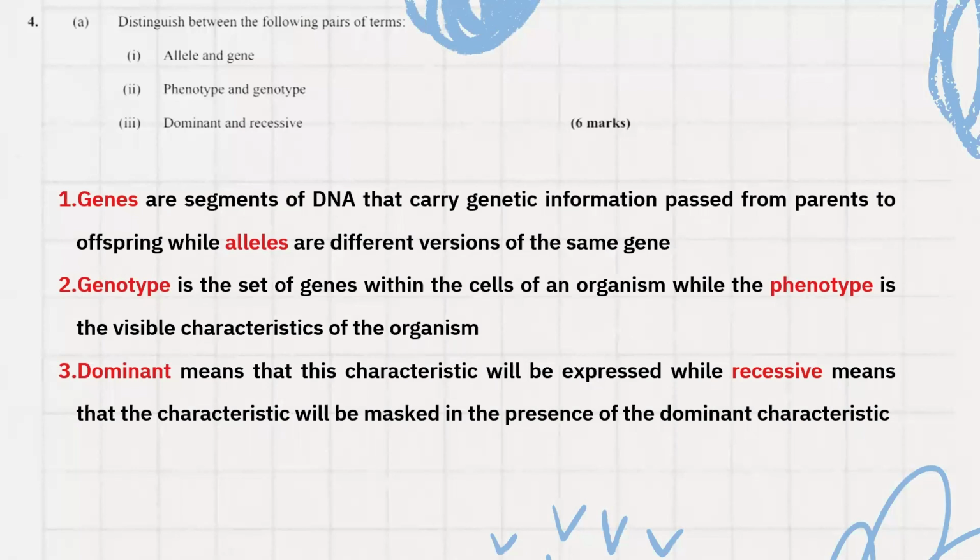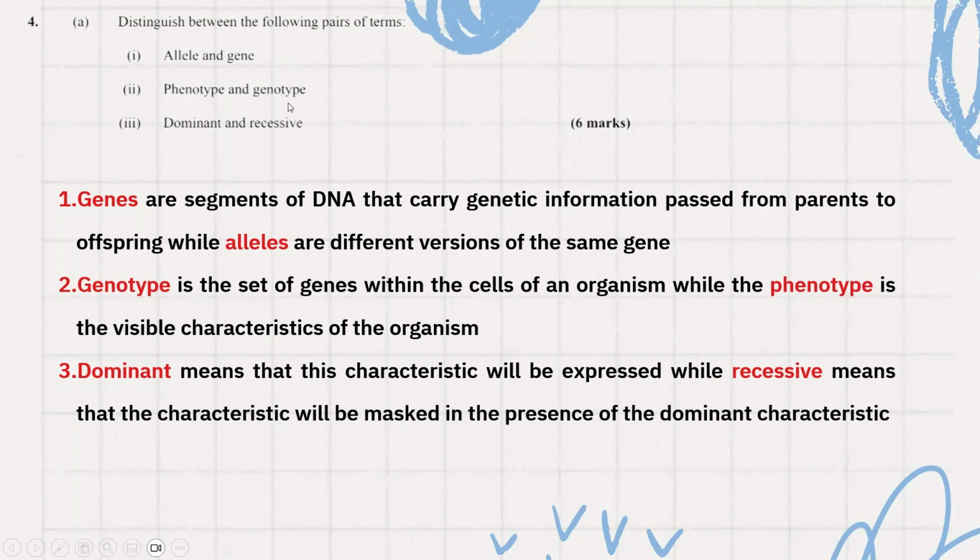The first thing we have to do is distinguish between the following pairs of terms: allele, gene, phenotype, genotype, dominant, and recessive. Sometimes, especially with me, I may connect terms in the opposite way.